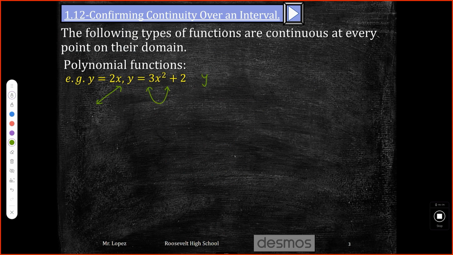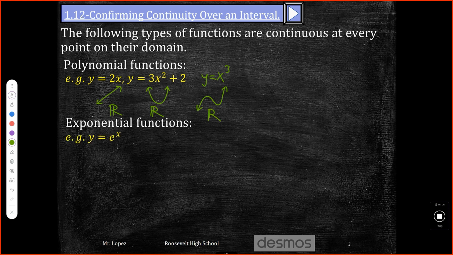A cubic function is continuous everywhere, on and on and on. It's actually on the reals as well. It's on its domain and on the reals. Exponential functions, also this one is continuous everywhere and on the reals, on its domain and on the reals.